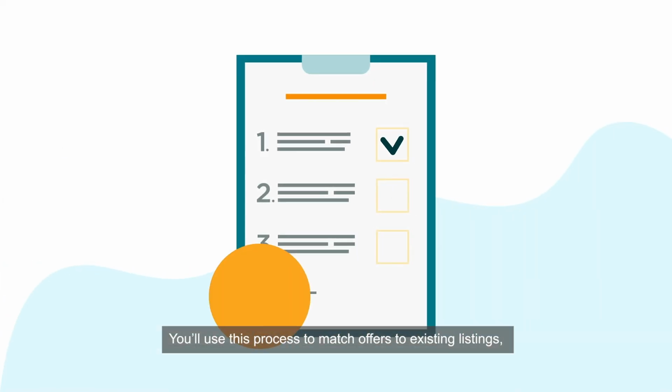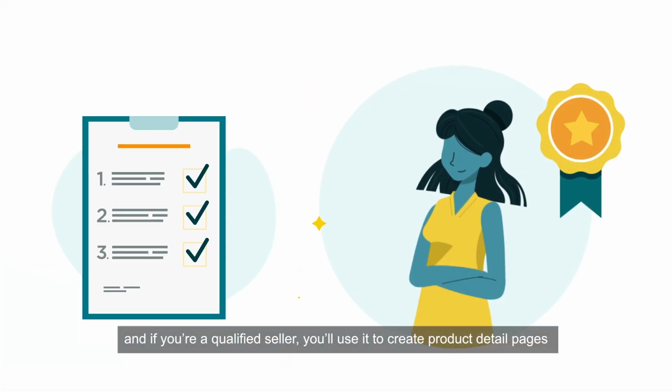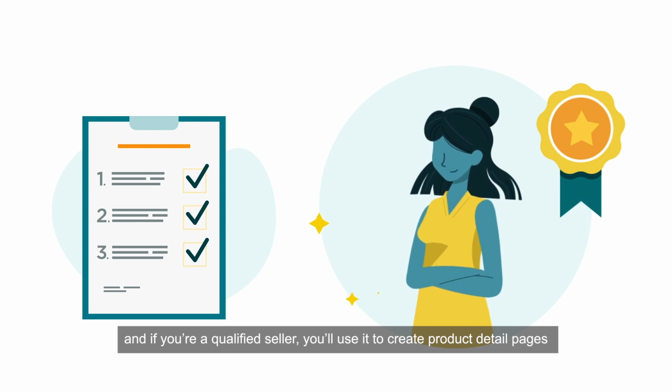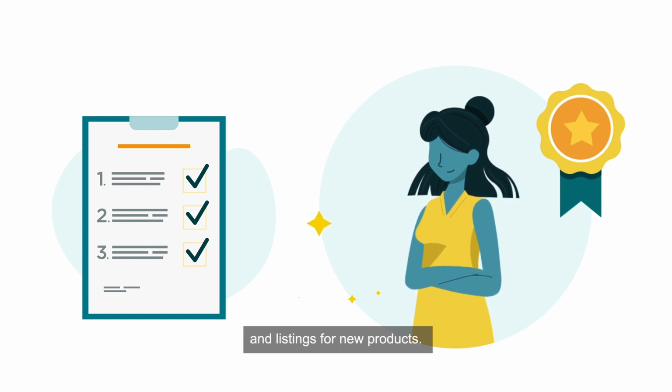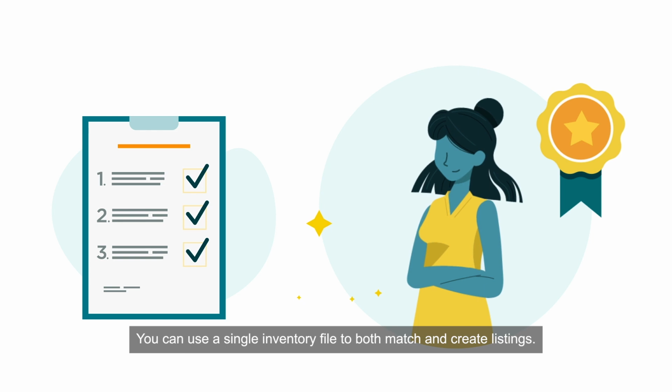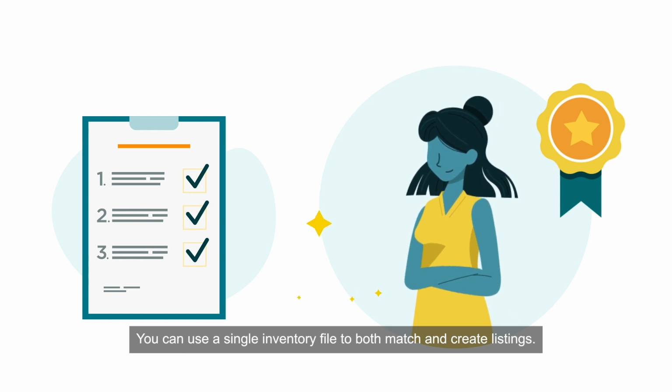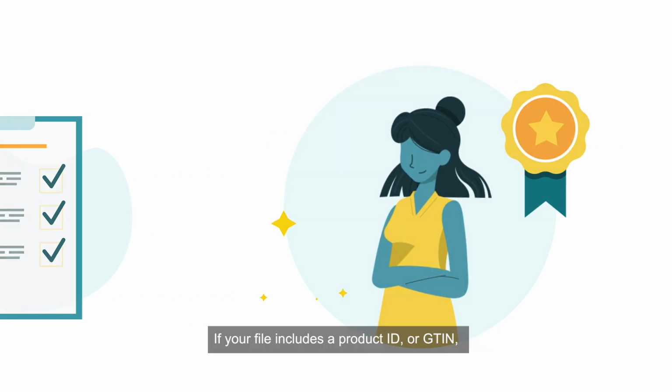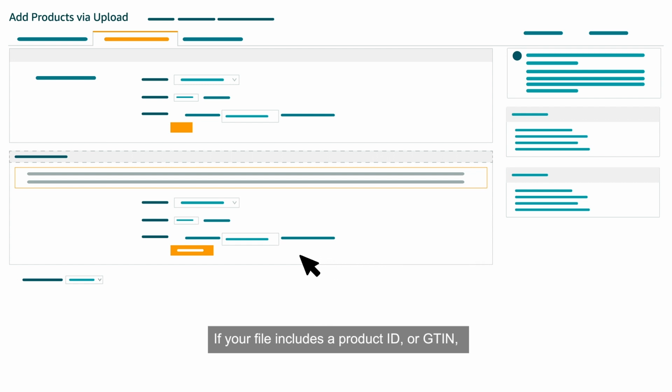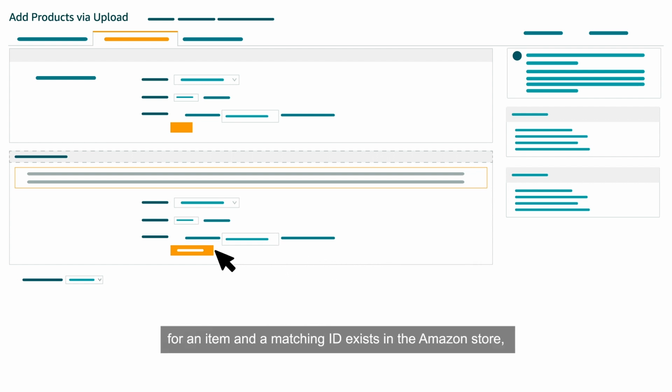You'll use this process to match offers to existing listings, and if you're a qualified seller, you'll use it to create product detail pages and listings for new products. You can use a single inventory file to both match and create listings. If your file includes a product ID or GTIN for an item and a matching ID exists in the Amazon store, we'll match your offer to the existing product detail page.